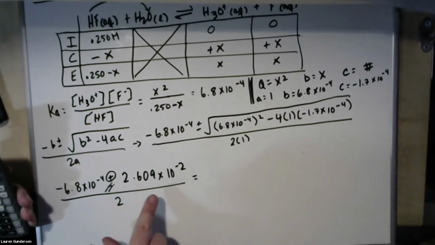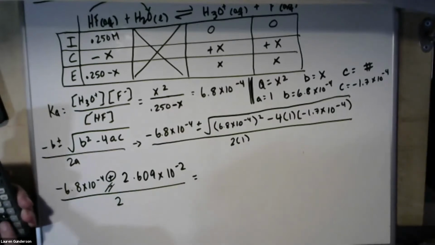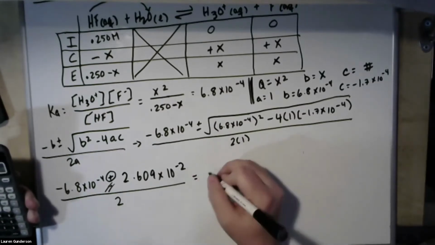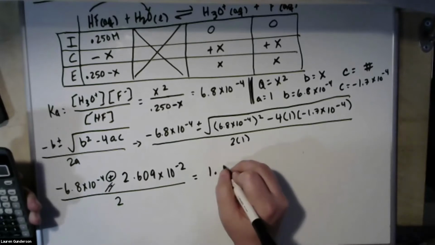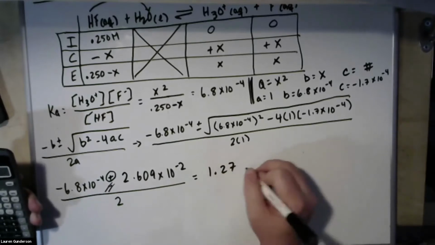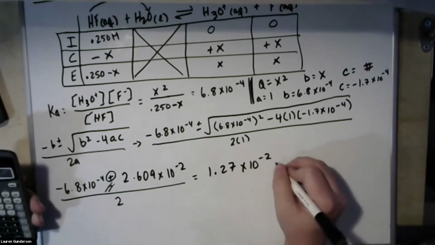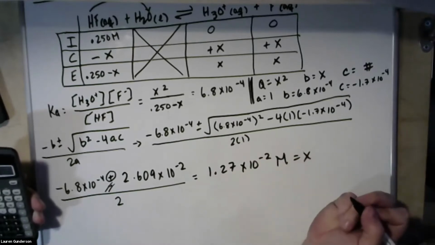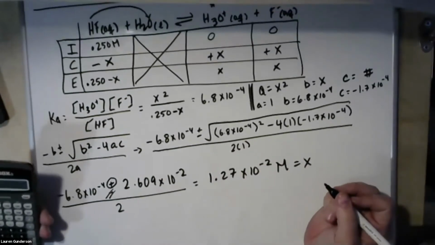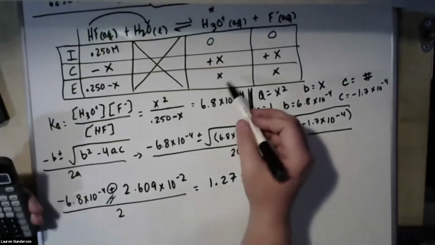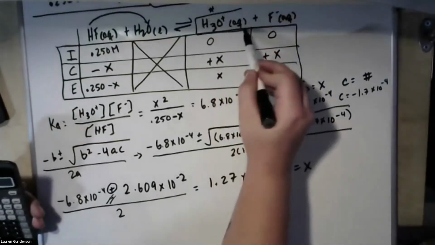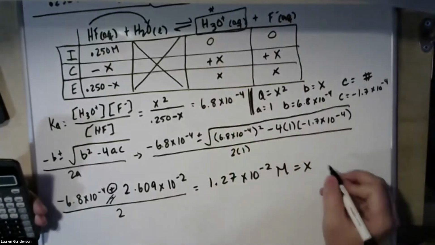So this plus 6.8 times 10 to the negative 4 divided by 2 gives us 1.27 times 10 to the negative 2 molar for our x value. And again, in this case, our x value that we're specifically focused on is going to be our hydrogen ion concentration because that gives us our pH.